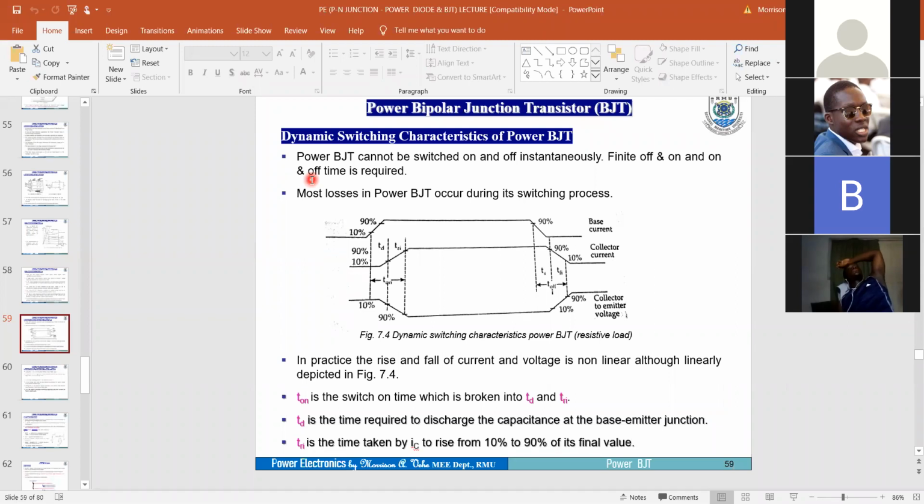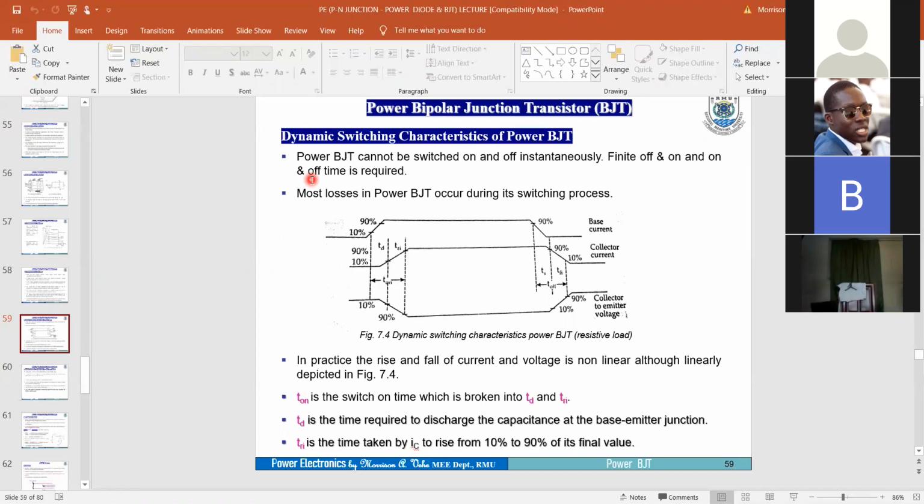There should be some switching time. It cannot just happen that once you say on, the thing is on. With a typical switch, because of the human eye, you appreciate that when you press the on switch, the thing started immediately.